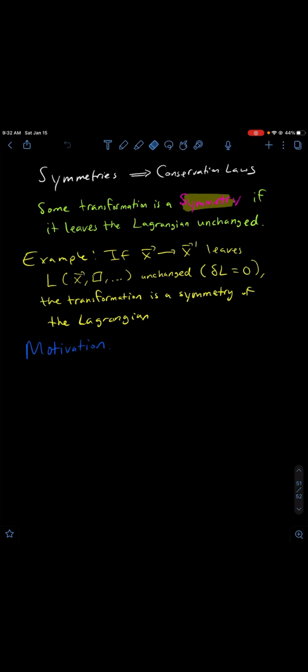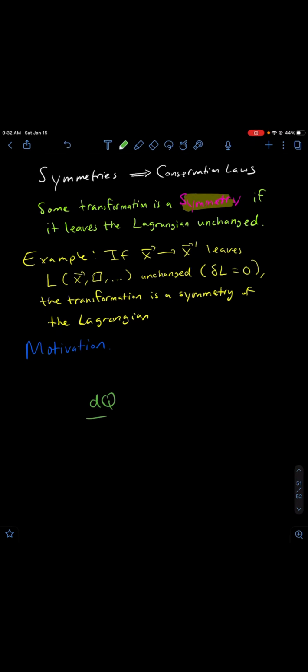So in my last video of quantum field theory, I believe it was quantum field theory 1E, we went over what's called Noether's theorem. Noether's theorem just says that symmetries imply what's called conservation laws. So a conservation law looks like this.